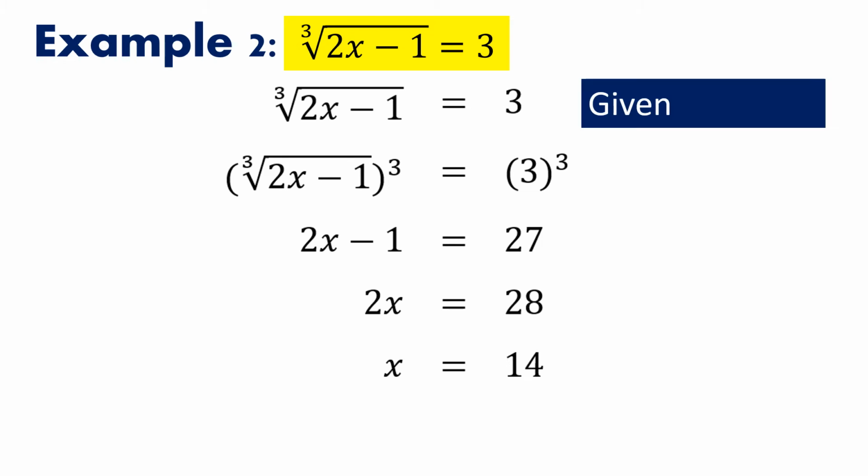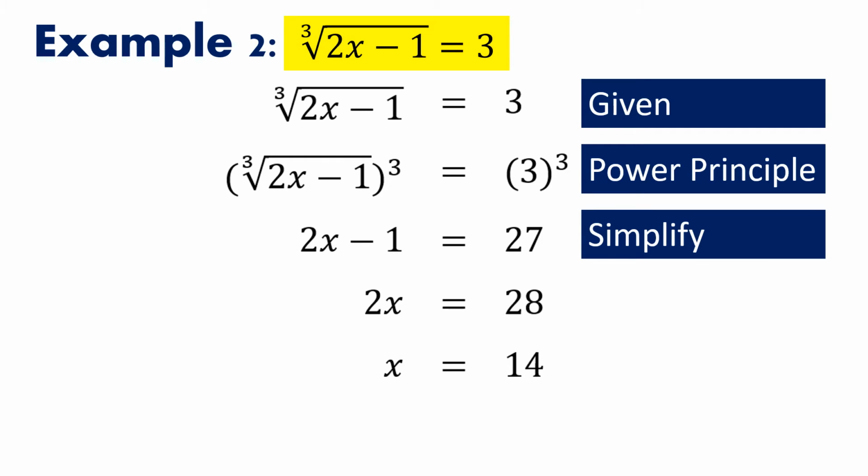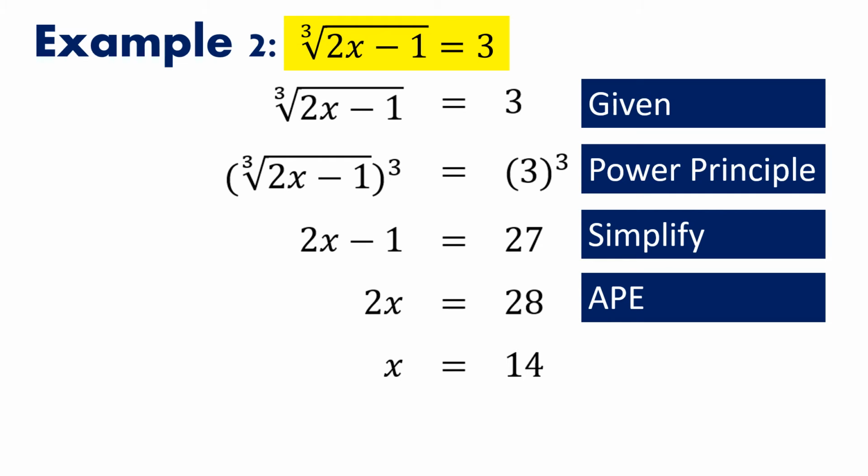Let us take a look at example 2. Cube root of 2x minus 1 is equal to 3. We also apply the power principle. We simplify and get 2x minus 1 equals 27. We apply addition property of equality. We add 1 to both sides of the equation.